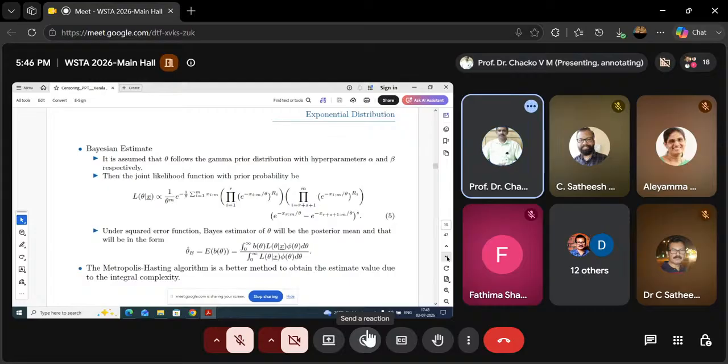We also simulated the data to examine the appropriateness of the distribution, using R values 5 and 3. The initial value of theta is taken as 0.5. So these are the data analysis reports. The MSE is found to be very close to 0.